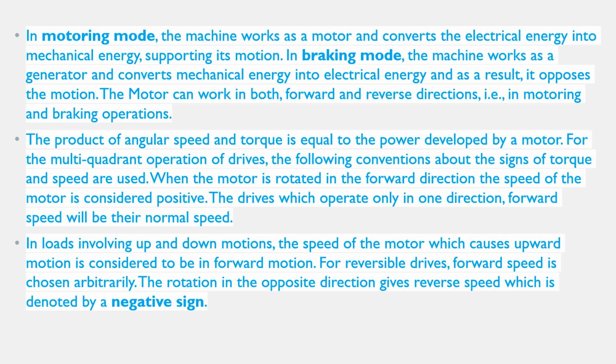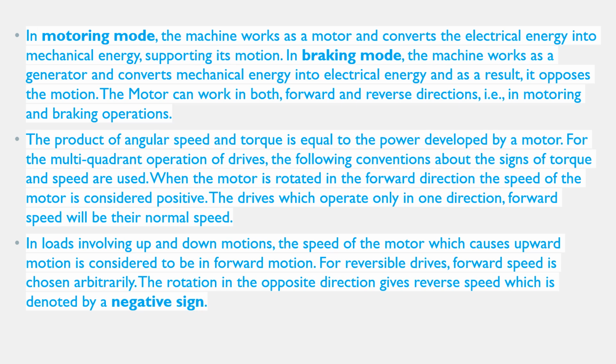In loads involving up and down motions, the speed of the motor which causes upward motion is considered to be the forward motion. For reversible drives, forward speed is chosen arbitrarily. The rotation in the opposite direction gives reverse speed, which is denoted by the negative sign.